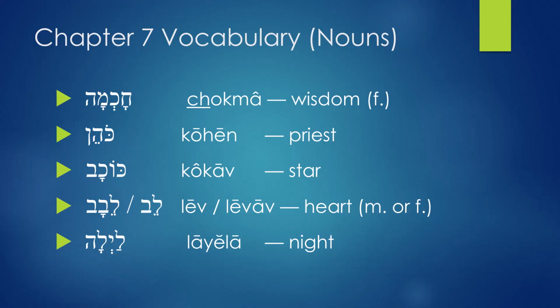Why is that? Because when we're looking at the vowels, we looked at this vowel that looks like kametz, and we say that this vowel can either be kametz, meaning A-class vowel, or it can be kametz atuf, producing the O sound. When we looked at the accents, we said that this vowel is going to be kametz atuf. It's going to have the O sound if it's found in a closed, unaccented syllable.